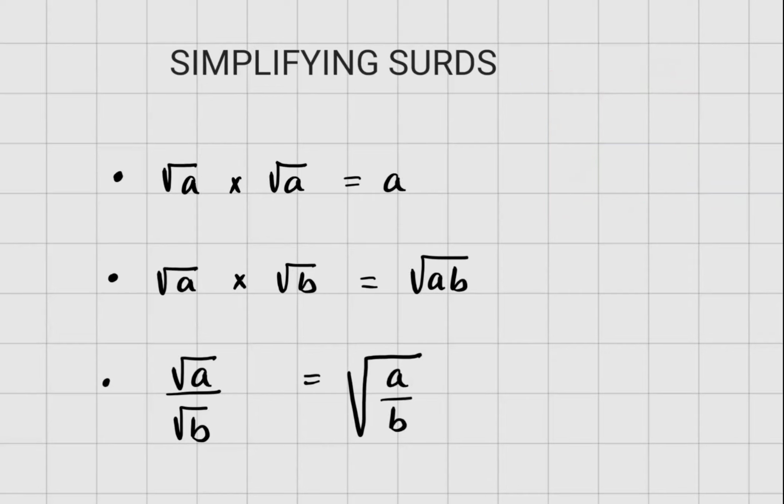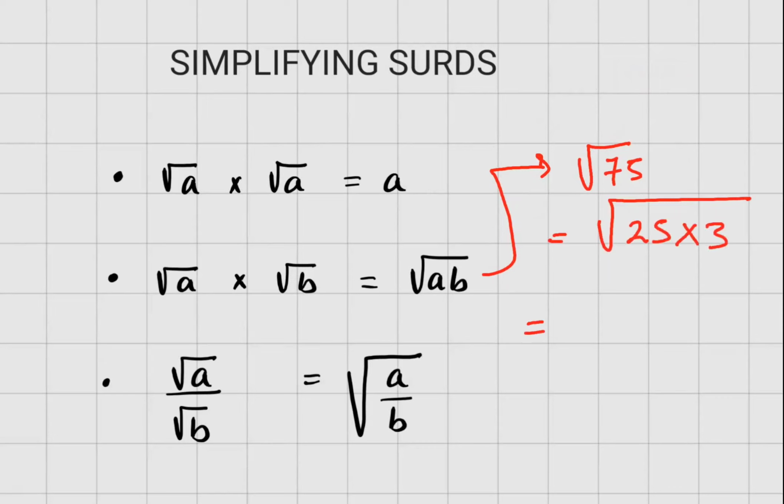Using our law of multiplication, I am going to come right from here and say I started up with the square root of 75, which is the same thing as 25 multiplied by 3. The law of multiplication allows me to separate this into square root of 25, multiplied by square root of 3. Then I simplify. The square root of 25 returns a whole number 5. Square root of 3 is a non-perfect square. It is a surd. We keep it in exact form as root 3. So my solution is 5 root 3.